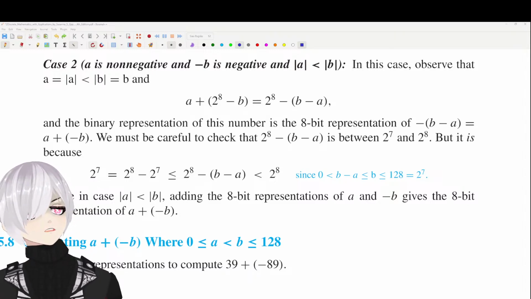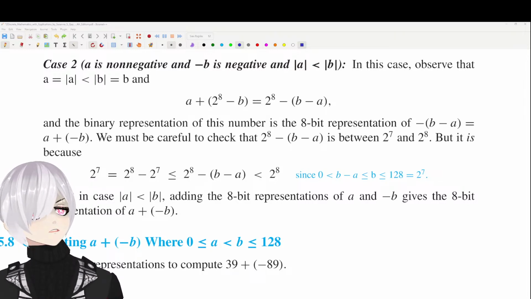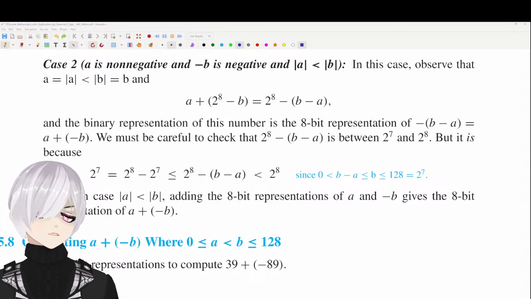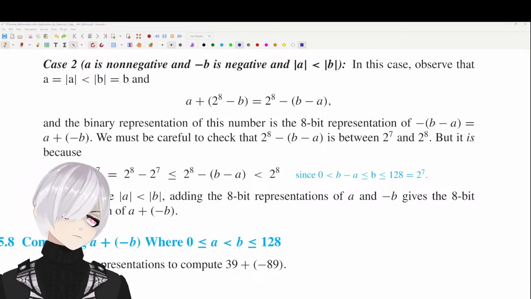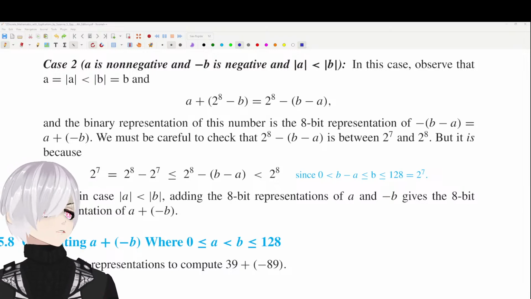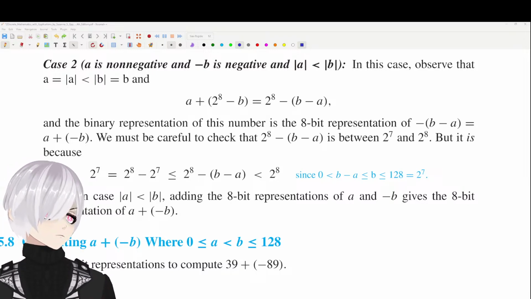Yeah, and then a plus negative b in binary is represented as a plus the 2's complement of b, so a plus 2 to the 8th minus b, and then that can be rewritten as 2 to the 8th minus b minus a, and that's because when you have a minus before stuff in parentheses, the minus applies to each of the things in parentheses.